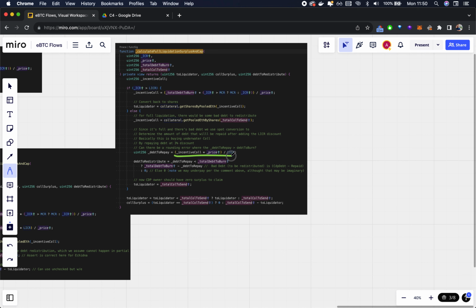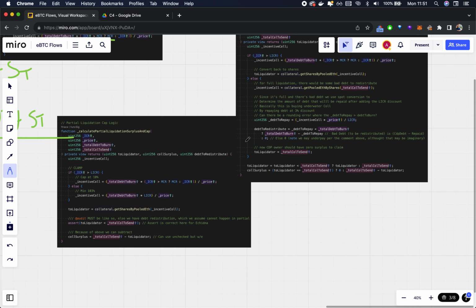The reason why this happens is because there's more debt than collateral, so we're limited by the collateral. For this reason, we compute it the opposite way, where we're basically giving you discounted collateral that is burning only that amount of debt. That's really how you want to look at it for a full liquidation, and you want to look at it differently from a partial liquidation.